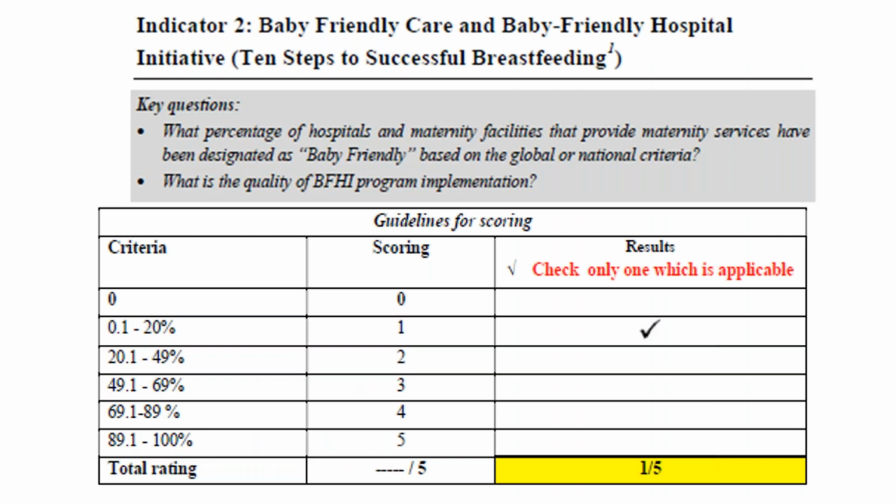Indicator number 2 asks the question, what percentage of hospitals and maternity facilities that provide maternity services have designated baby-friendly based on the global or national criteria? And then what is the quality of the Baby Friendly Hospital Initiative program implementation?